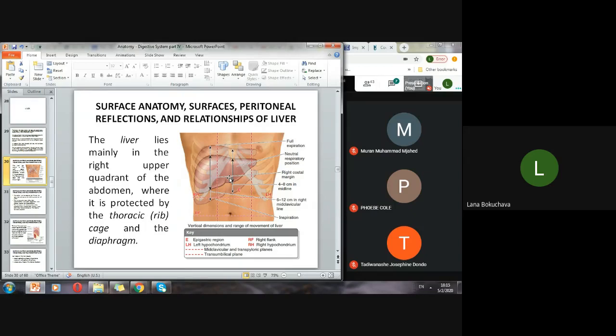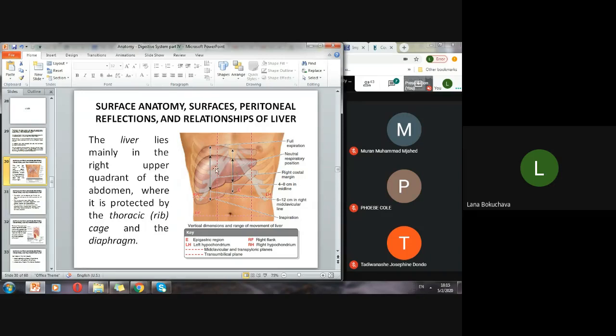An important thing is that the liver itself is localized mainly in the upper right quadrant, although you see that it passes towards the left one also.